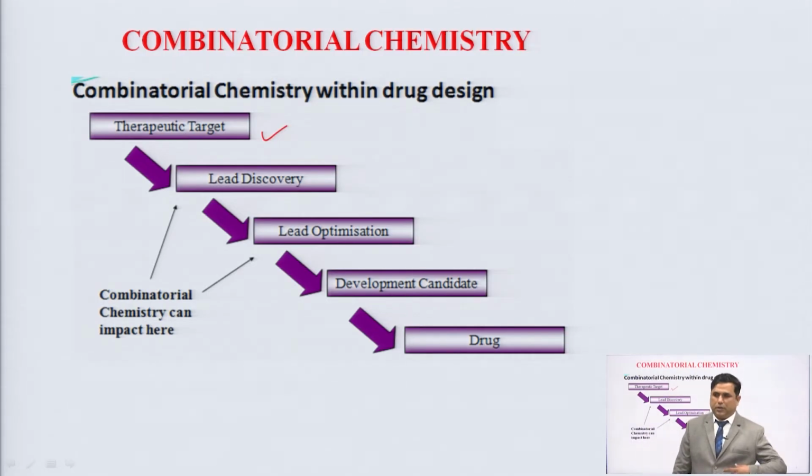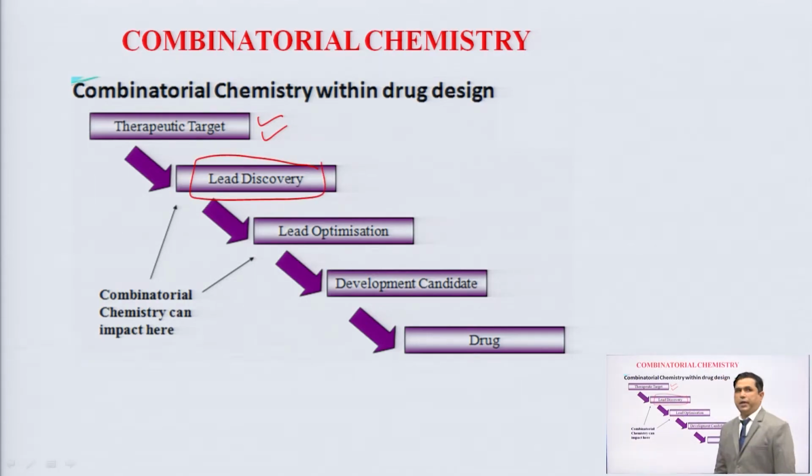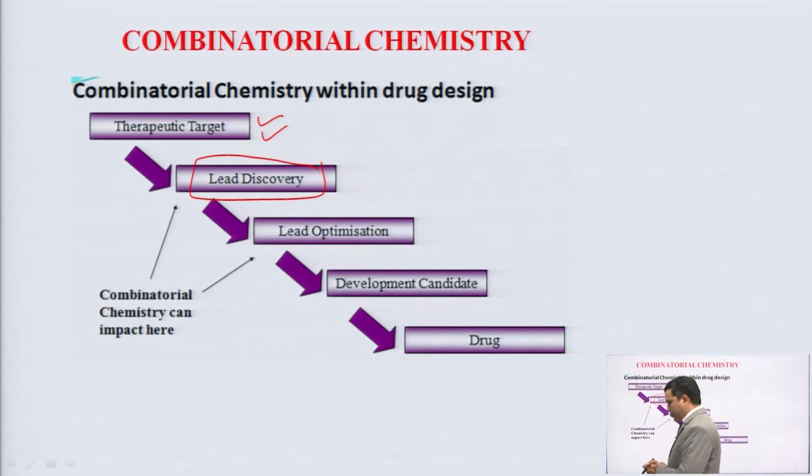This is another very critical step, the isolation of the target. Nowadays, various types of targets are available online, and against this target we have to find the lead compound. Finding the lead compound is a very important step in drug discovery.